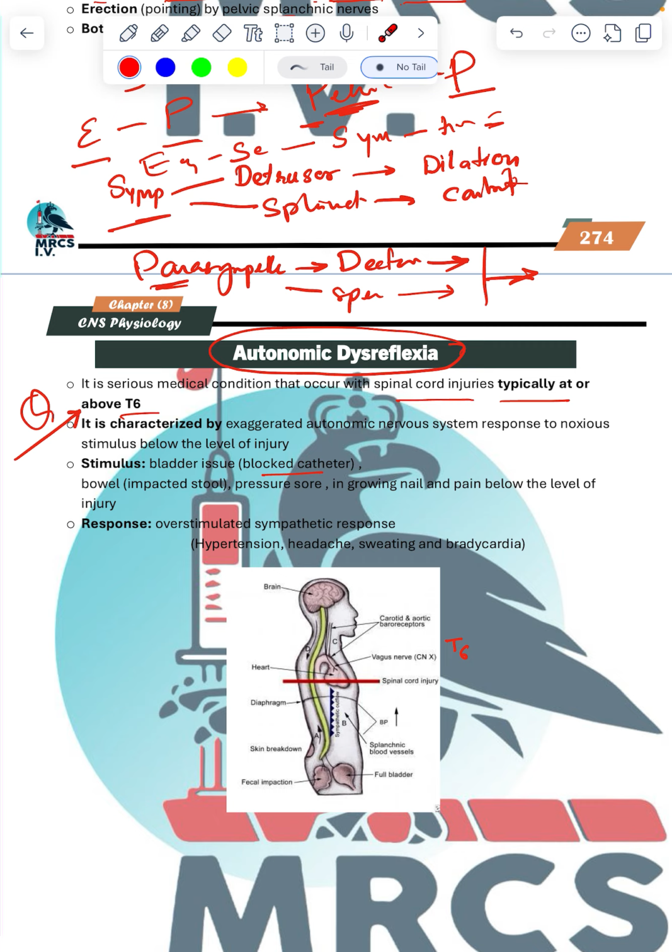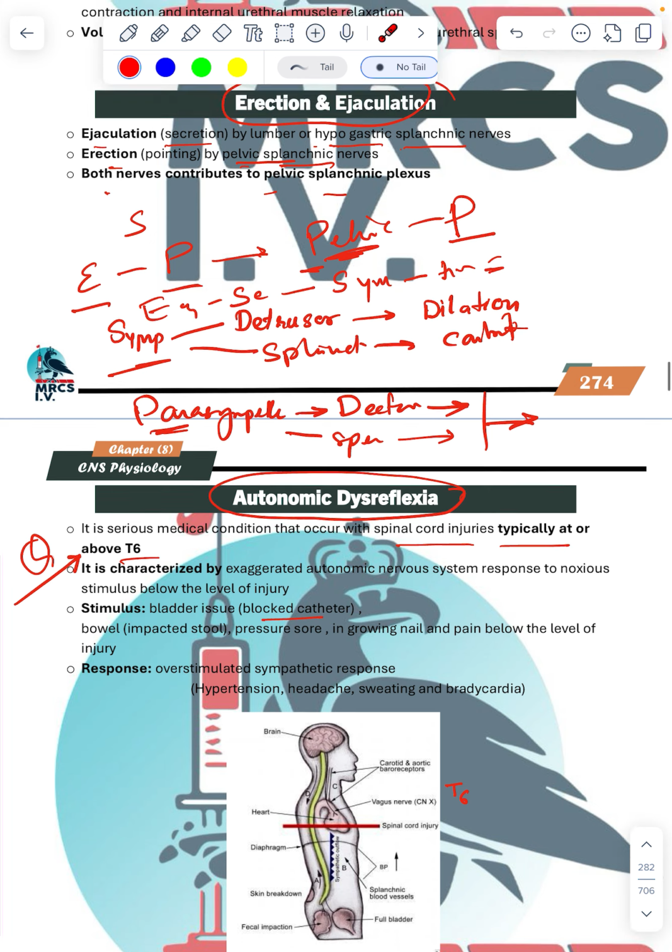The response is an overstimulated sympathetic response: hypertension, headache, sweating, bradycardia. This is autonomic dysreflexia. So that was about the physiology of the central nervous system.